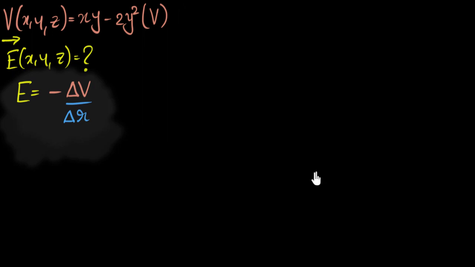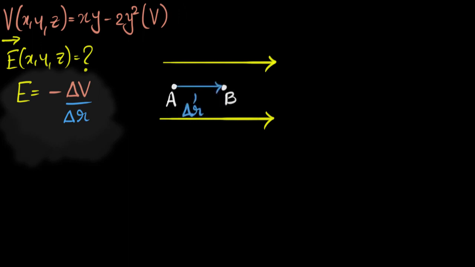What it's basically saying is that imagine you have an electric field, and let's say you want to find what the strength of that field is at point A. Then all you have to do is take a step forward to say point B, some distance forward, and you find out how much the potential has dropped. The potential will drop if you move in the direction of the field, right? And that potential drop is delta V. That ratio, the negative ratio, how much the potential is dropping per meter, that itself will tell you what the strength of the electric field is.